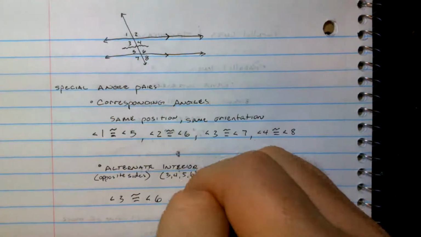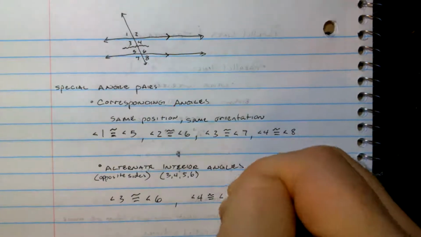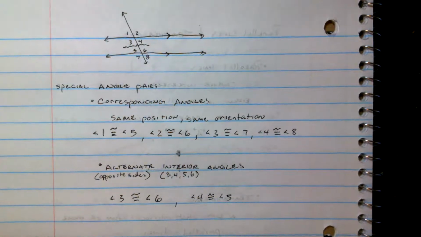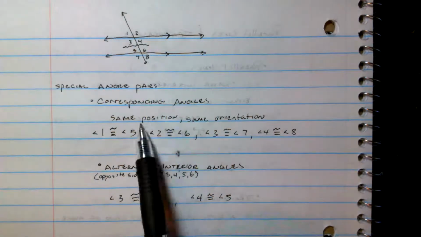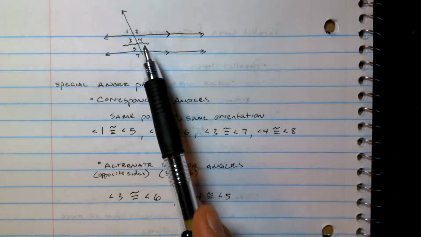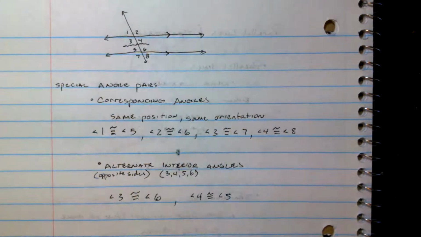So angle 4 is congruent to angle 5. All right. So that's two of the four relationships that allow me to make the jump from the top to the bottom, or vice versa, bottom to top. And that's all these relationships really help me do, is make that jump.